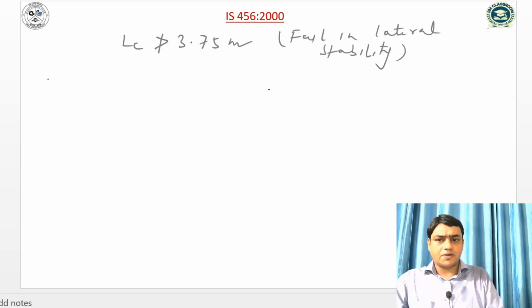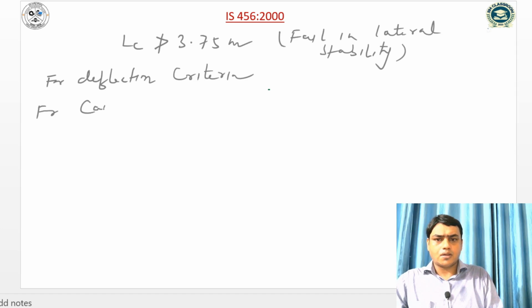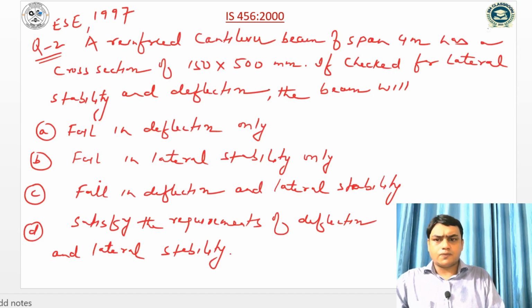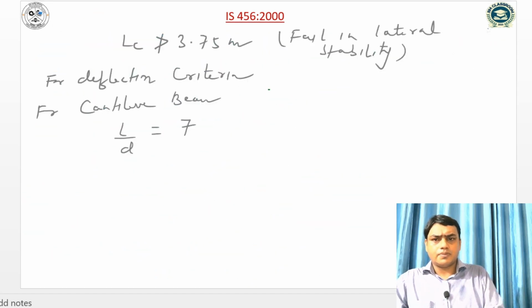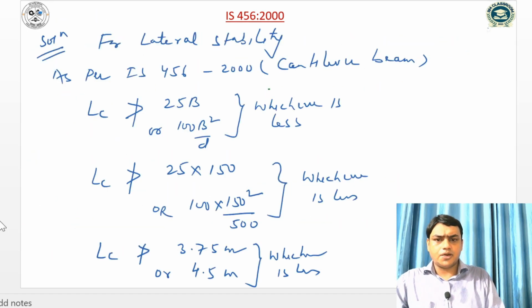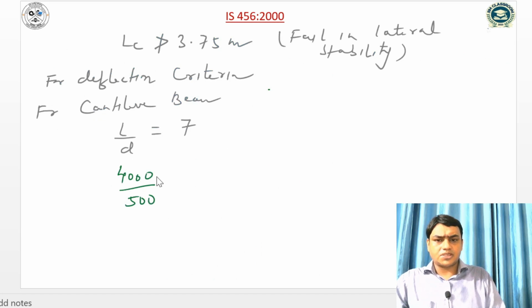Similarly, if I check for deflection, for the deflection criteria for a cantilever beam, the code suggests that L by effective depth should be 7. Our span is 4 meter, so 4000 divided by effective depth, which is 500, is coming 8.